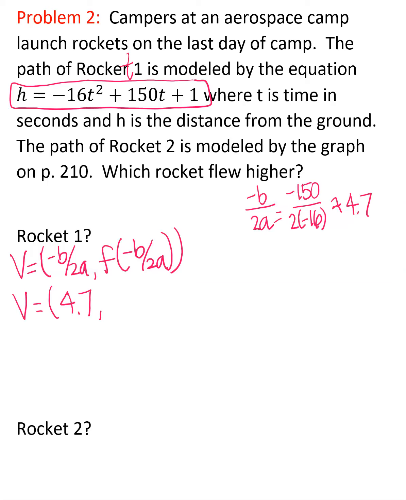What we're going to do is plug it in. So -16 times 4.7 squared plus 150 times 4.7 plus 1.